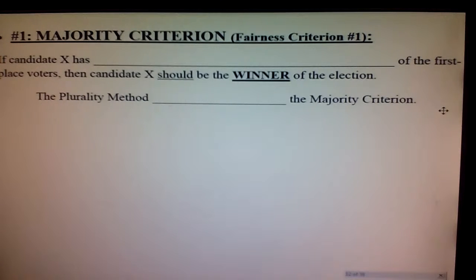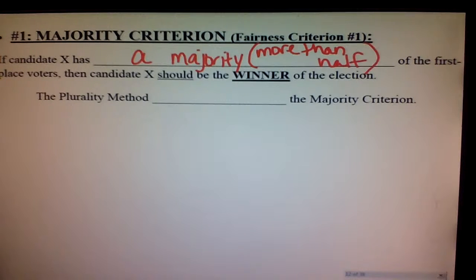If your candidate has a majority, more than half of the first place votes, then they should always win. End of story, no discussion. The plurality method is going to satisfy the majority criterion, which means that it follows it.